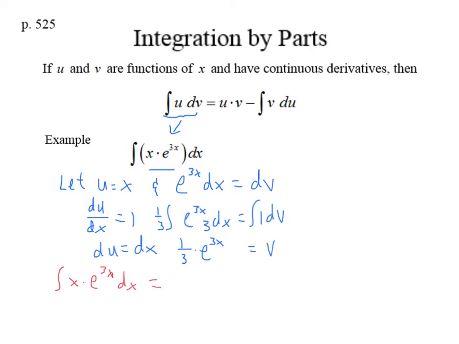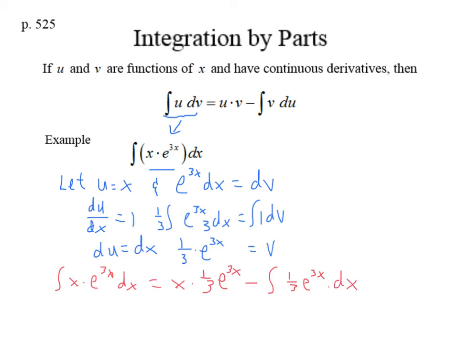All right, well, u is equal to x, and v is equal to 1/3 e to the 3x. So I'm just going to multiply those, and then we have minus the integral, and we need v again, so we've got our 1/3 e to the 3x, and then we need our du, and du is equal to dx.